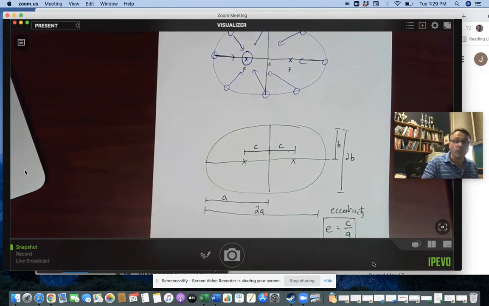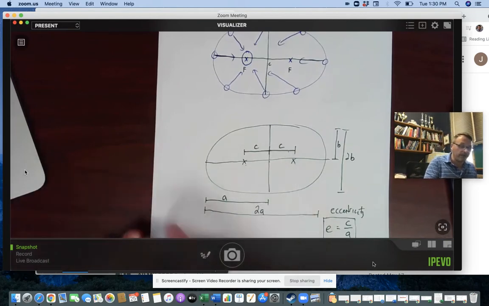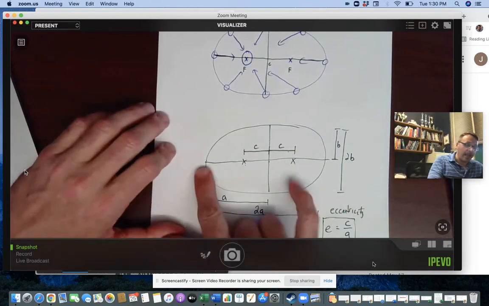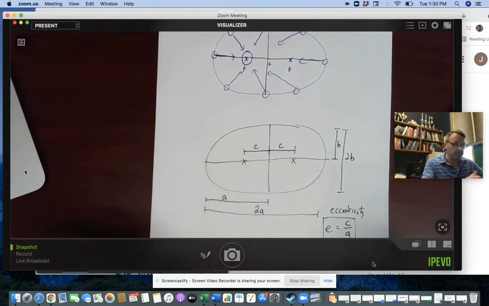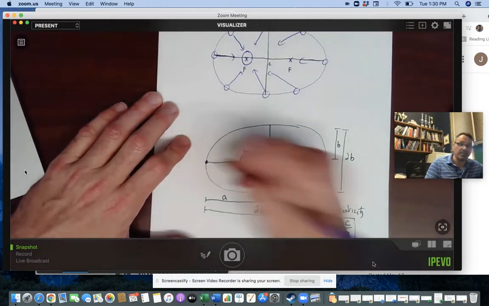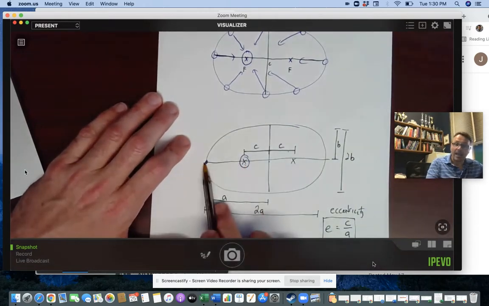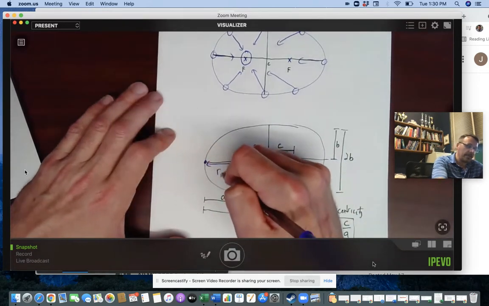And therefore all the radial distances would be the same. Here, my radial distances go from the longest bit to the shortest bit. So let's define those distances as well. We're going to call the shortest distance between the sun and the ellipse RP.